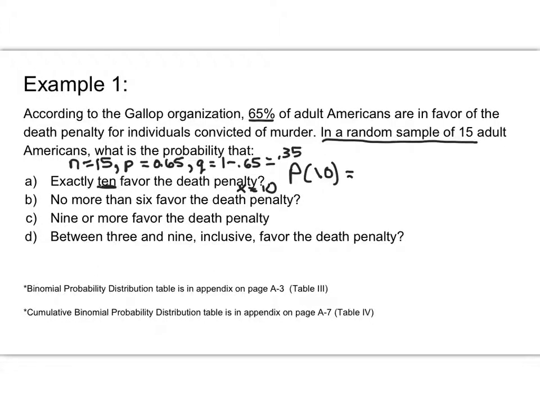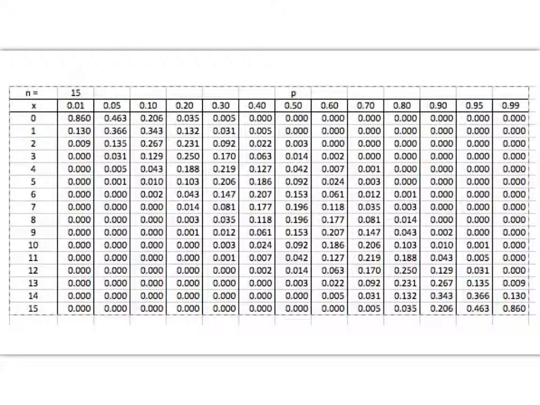So I'm going to have you calculate these from the table for your quiz today and for our examples. If I go to the table, I have to scroll through. There are multiple pages. I'm looking for n equals 15 because that is the number of trials we have.